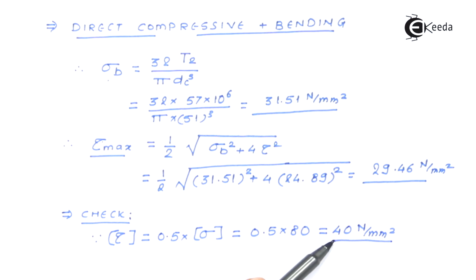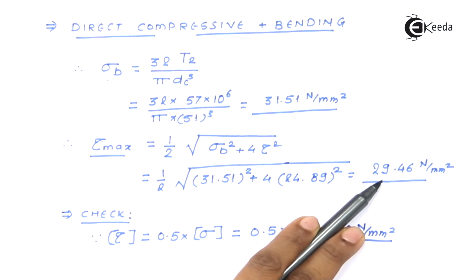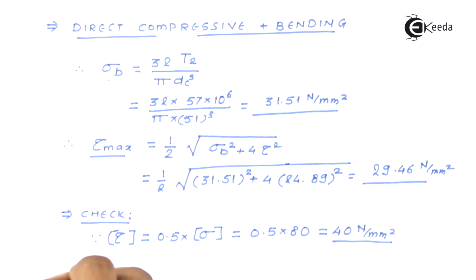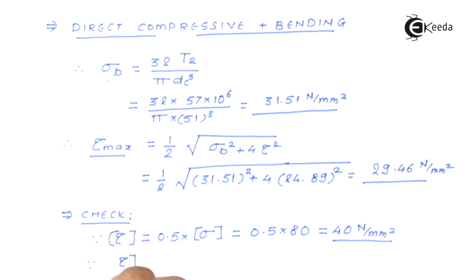Now this is the allowable value of shear strength or shear stress that can be included in the given power screw, and this is the value of shear stress which will be induced inside the given power screw. So after comparison we know that allowable value is greater than the induced value, and hence we can say that this particular power screw is safe.